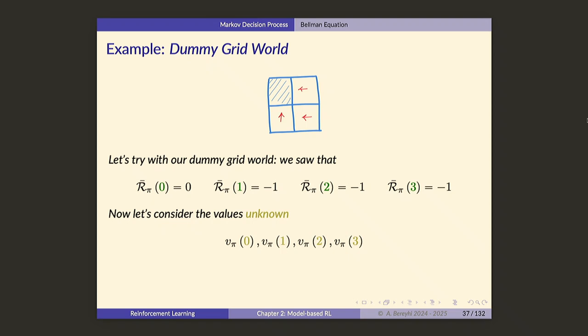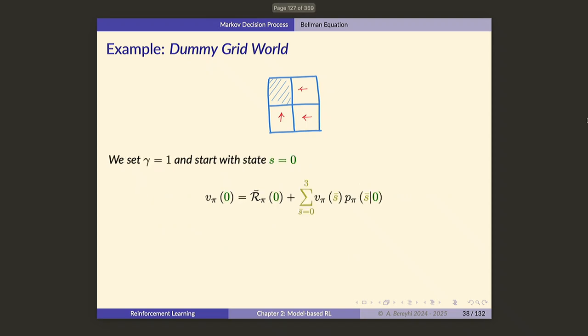Now, I want to use only this fact, plus the fact that I don't know these values, and use the Bellman equation to find the values. Let's go ahead and write down the Bellman equation for every single state. So let me start with state 0.